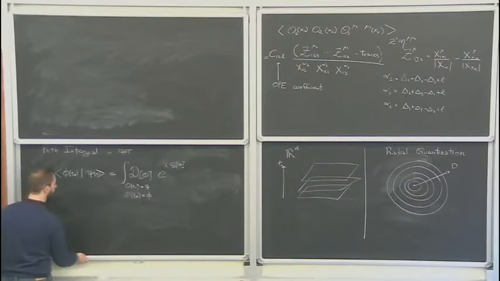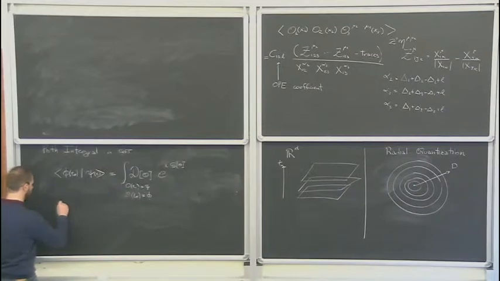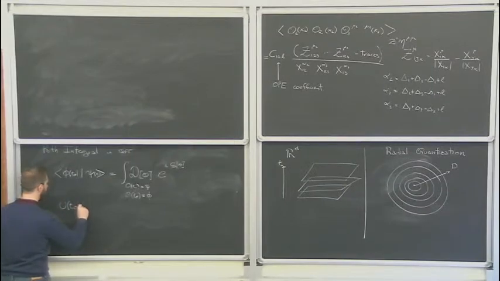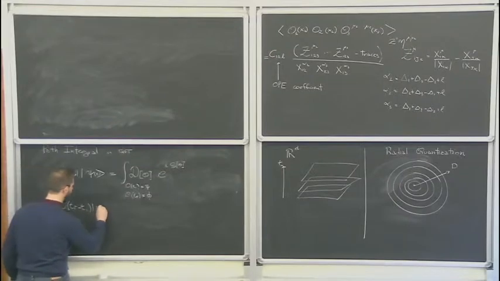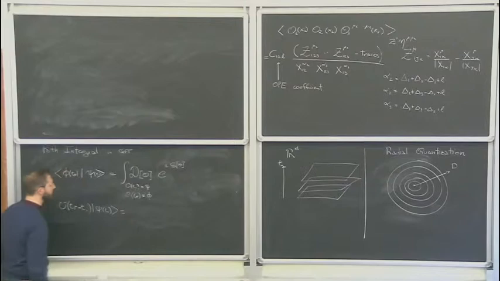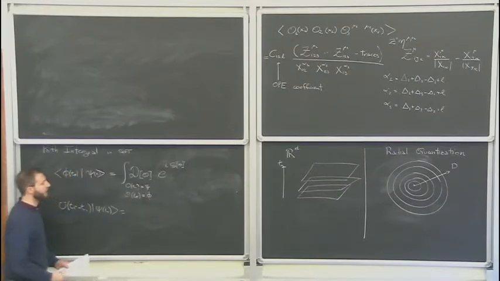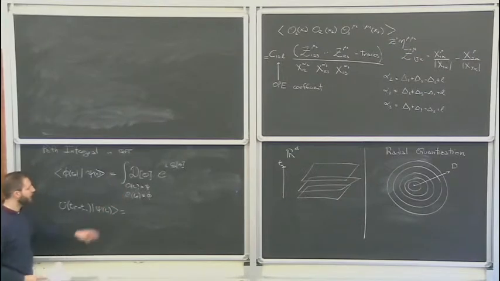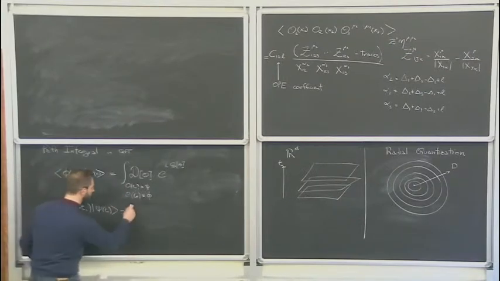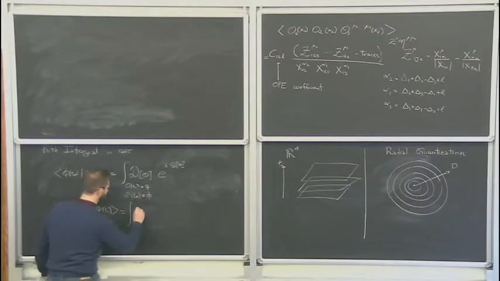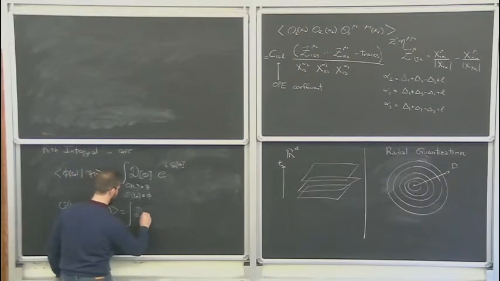Well, the evolved state, so if you start from the state psi, and you evolve from time t initial to time t final with some evolution operator, U, this is nothing else than the same path integral where you don't fix the final condition. Basically, it is a path integral with unfixed boundary condition.